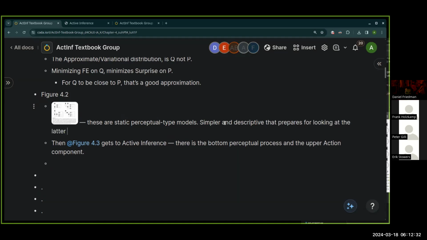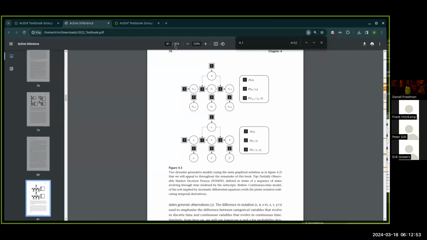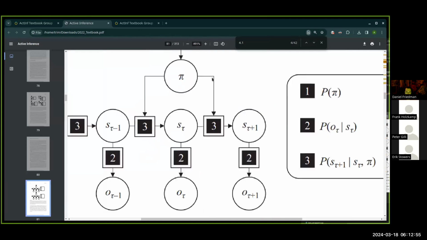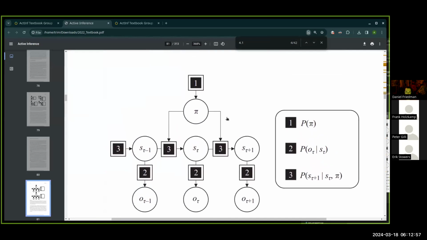And then, figure 4.3, the difference where we now have active inference models is that we actually have a temporal dimension, which is we're now including state transitions over time. So you can read those graphs in figure 4.3 from left to right, t minus 1 to t, the current time step, to t plus 1, which is the next time step.